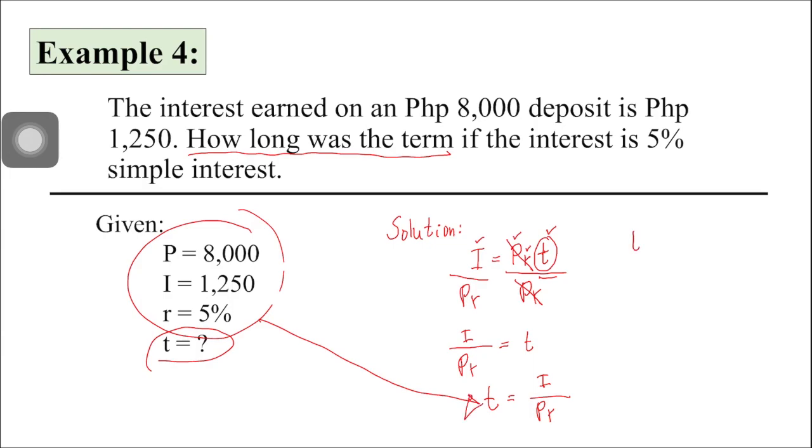T is equal to I over PR. Your I is 1,250. Your principal is 8,000 times the interest rate, which is 0.05. So 5% is 0.05.